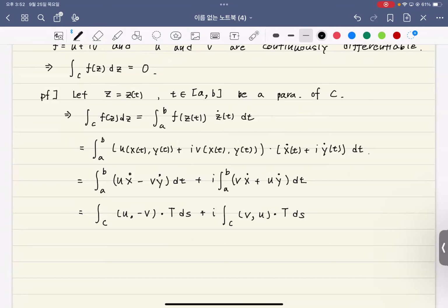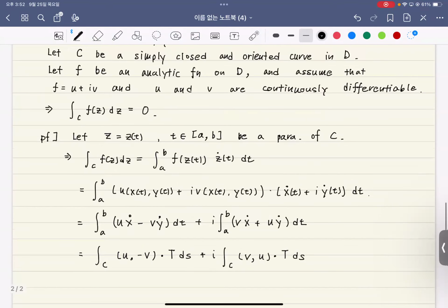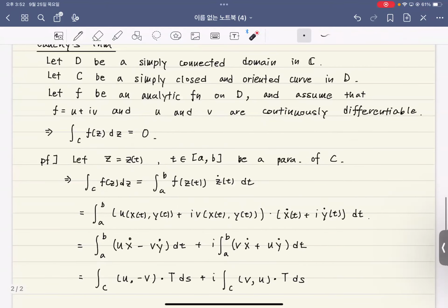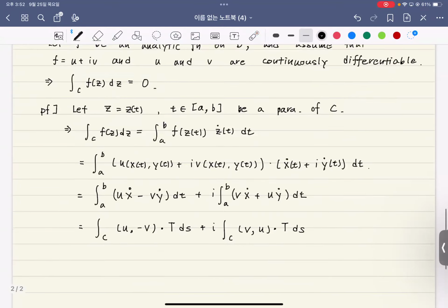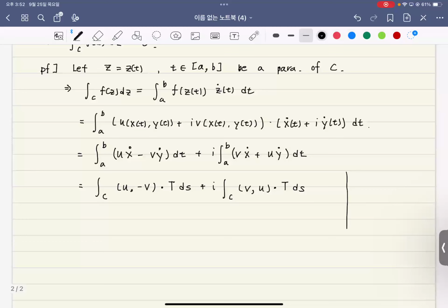Now I will make use of the simply closed condition and the simply connected condition. Why? Please allow me to draw a little picture. This is my domain, which is obviously simply connected, and my curve is simply closed, contained in the domain, like this.